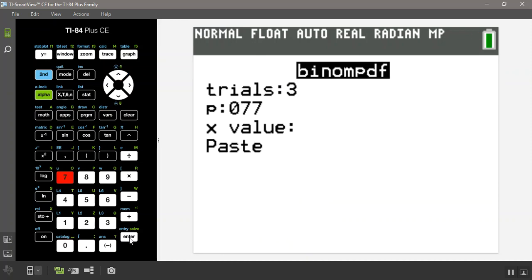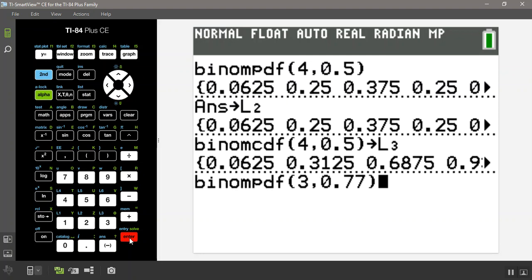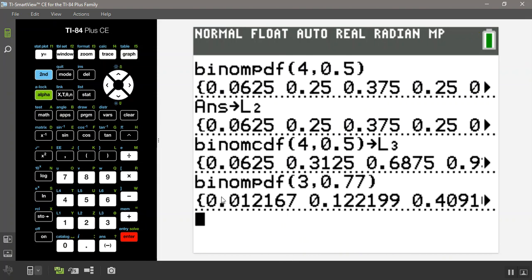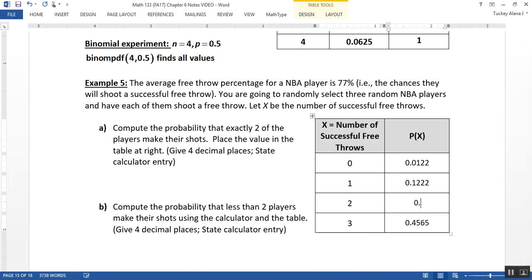The probability of success is 0.77, and I'm interested in 2. Or I could just leave it blank and press paste, and it'll find all of them for me. There's 0, there's 1, there's 2, 0.4091, and there's 3, 0.4565. There's the third one right there.